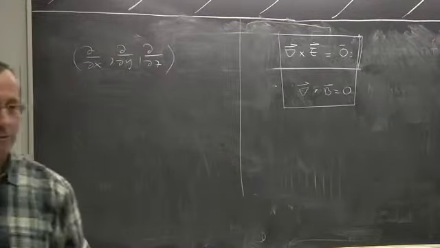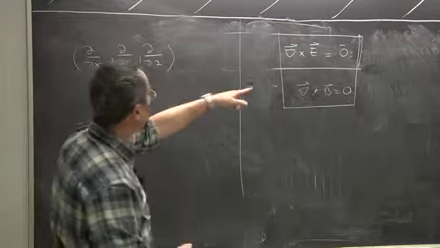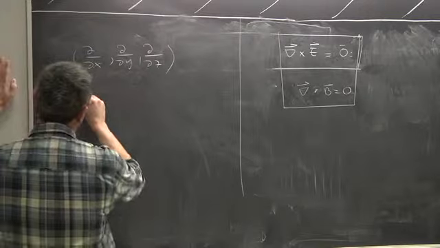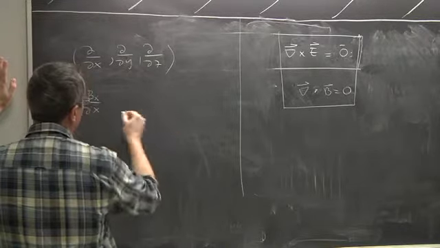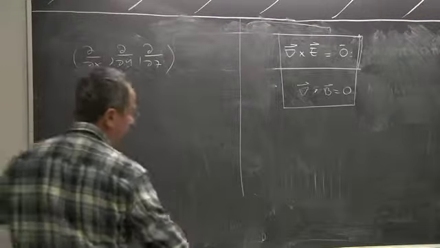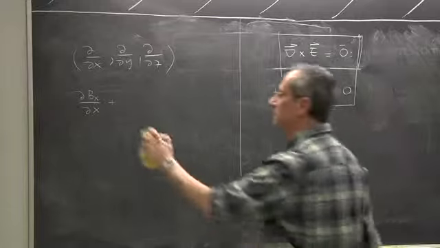Is that obvious to everybody? So if I take the divergence, that means I take d/dx of the x component, plus, okay. Very good.